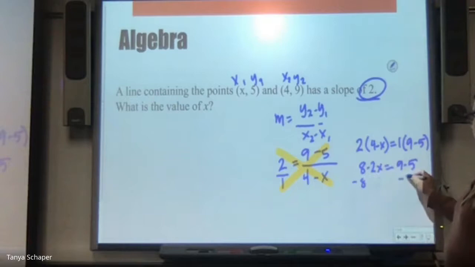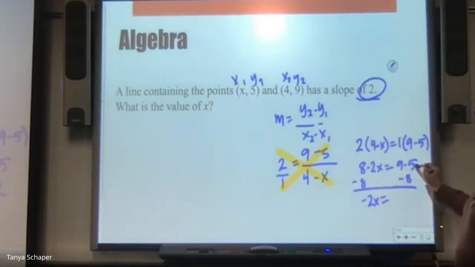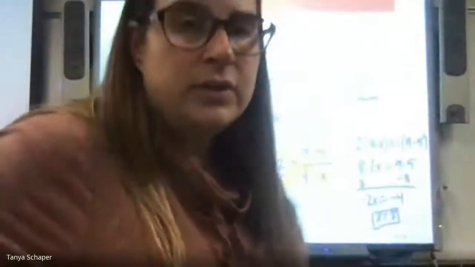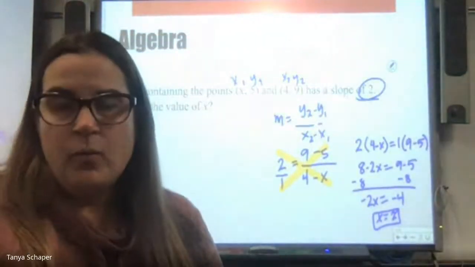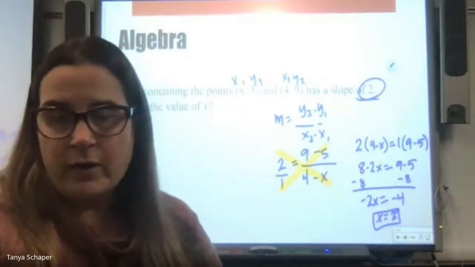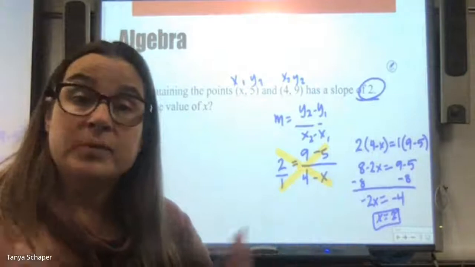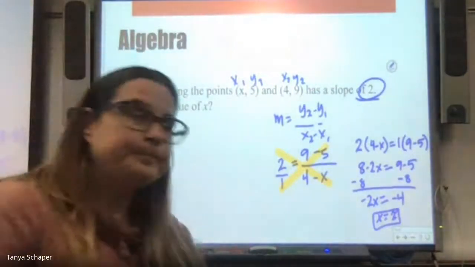Subtract 8 from both sides. So negative 2x equals 4 minus 8, which is negative 4. So x equals 2. Okay, so I'm using that slope formula, but what I'm really trying to do is find the missing variable. Once I set up my equation, I can do it however I want from there. I like cross products. So that's bringing algebra in to help us work through the slope problems.